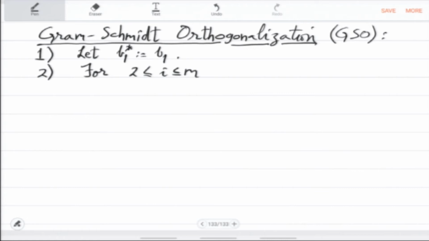So this is just a for loop. Bi star is, from Bi you subtract the components of the previous orthogonal vectors, so B1 to Bi minus 1 star.